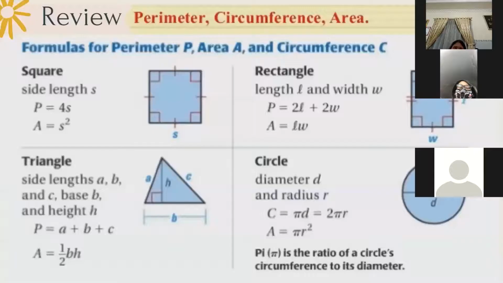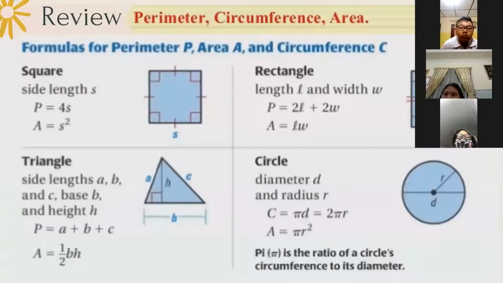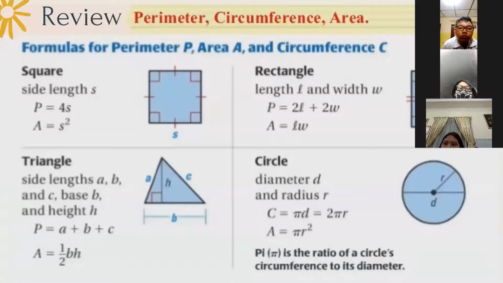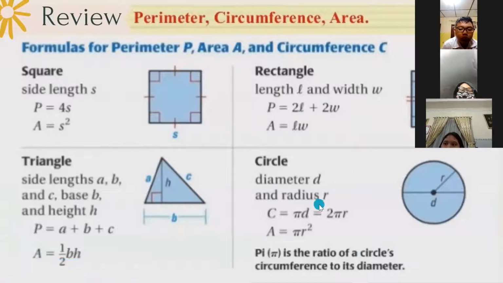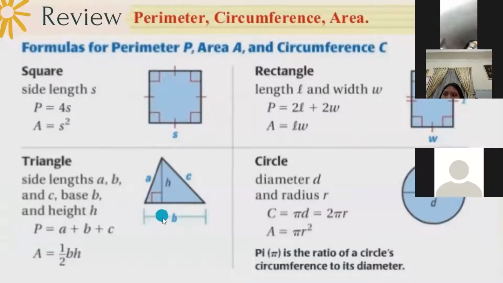Okay, so in the last meeting, we already learned how to find the perimeter, circumference, and area of these figures, like square, triangle, rectangle, and circle. And for your information, these figures are called basic figures.